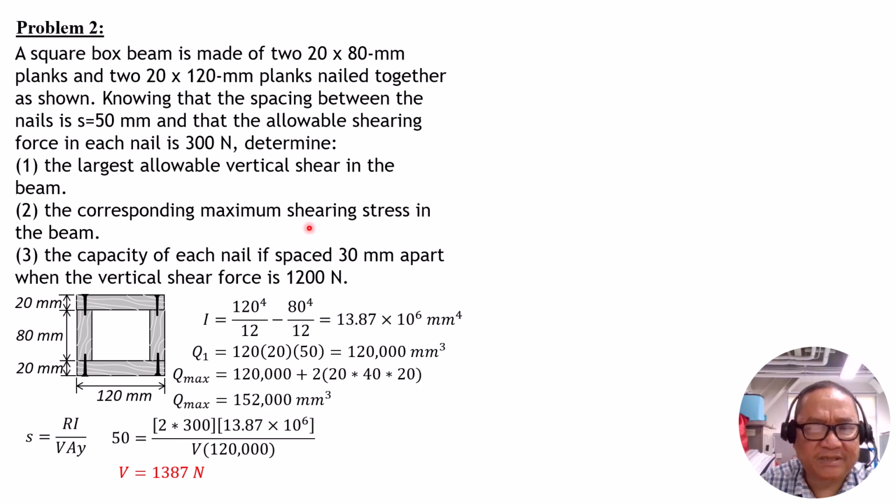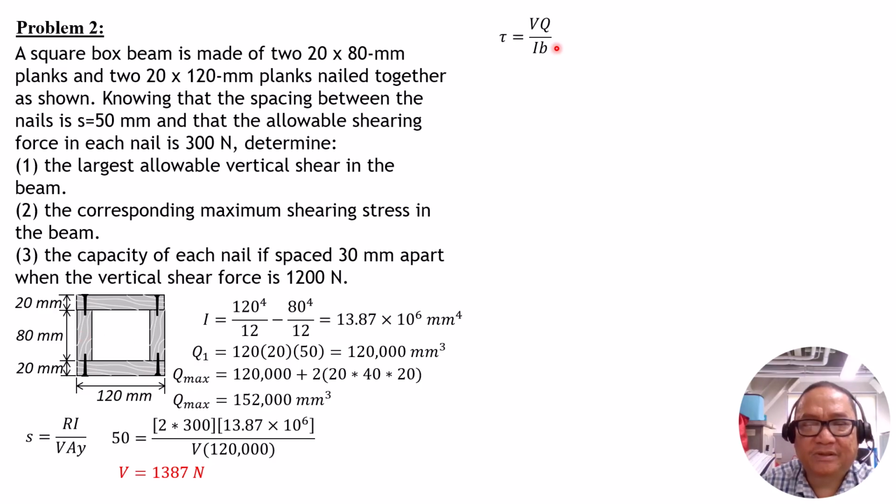The corresponding maximum shearing stress in the beam, use the VQ over Ib formula, and Q this time is Qmax, which is 152,000, which occurs here at the neutral axis, the maximum shear stress. B is, since the section is this, and there are two portions of the web that are cut by that section at the neutral axis, so b is 2 times 20, it is 40.